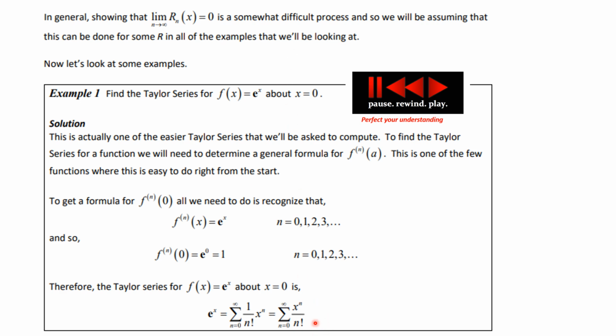We haven't proven that this is the case, but when you look at the radius of convergence, you can say, oh yes, this is going to converge from minus infinity to positive infinity because this n factorial grows so quickly. So the representation of e to the x as a Taylor series is a summation from n equals 0 to infinity of x to the n divided by n factorial, a result that you want to commit to memory.